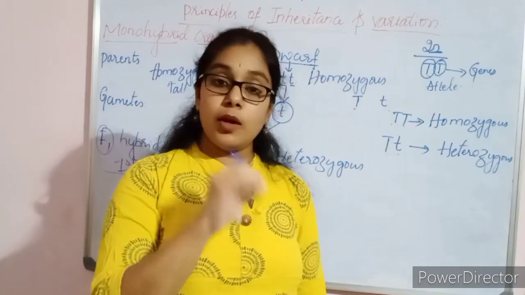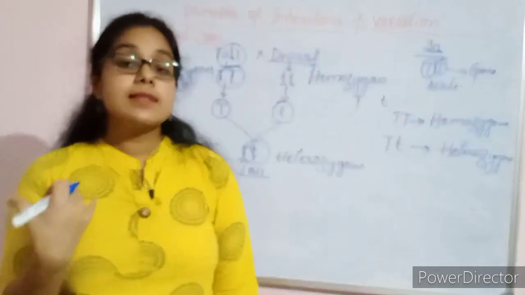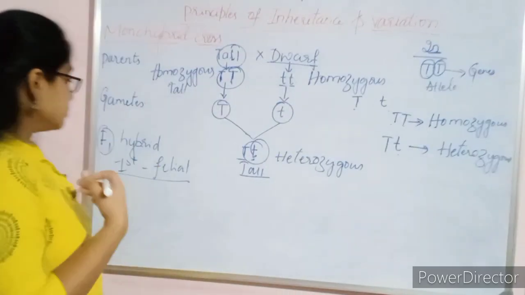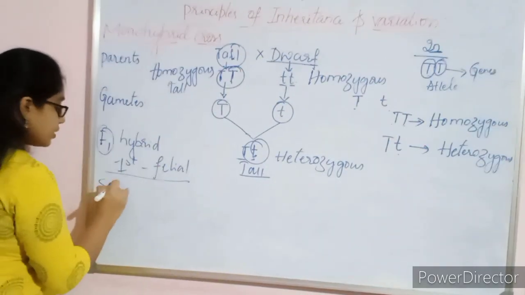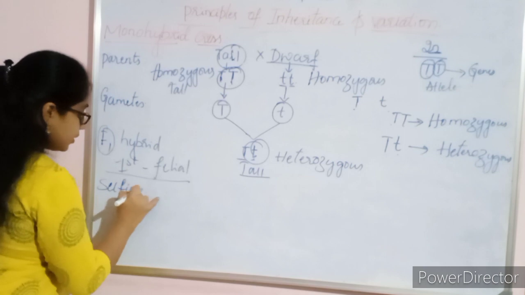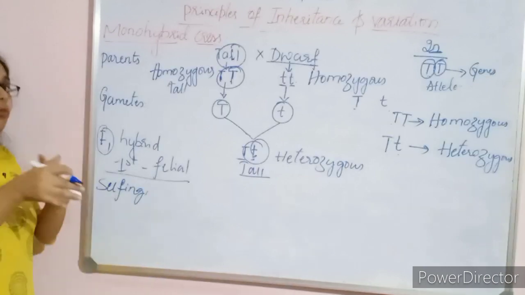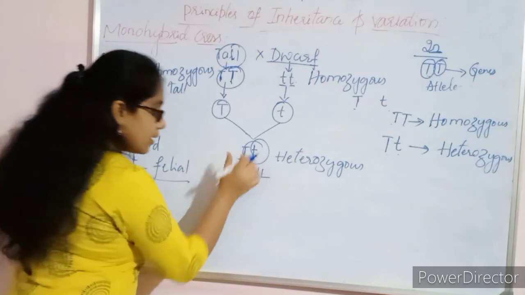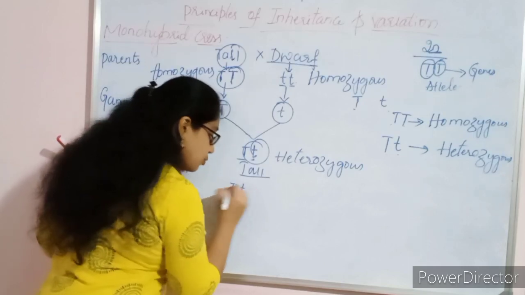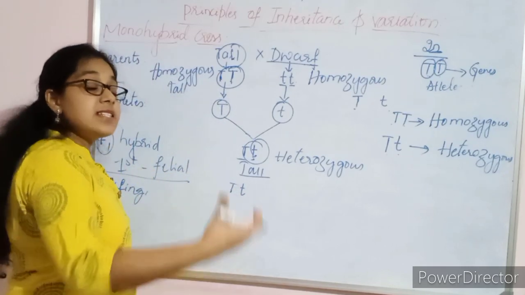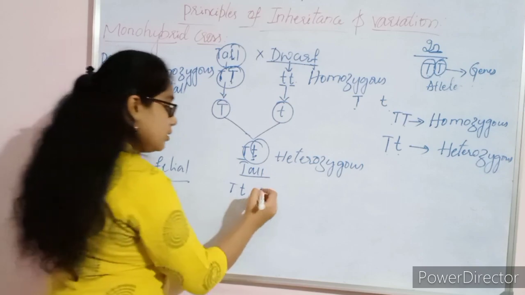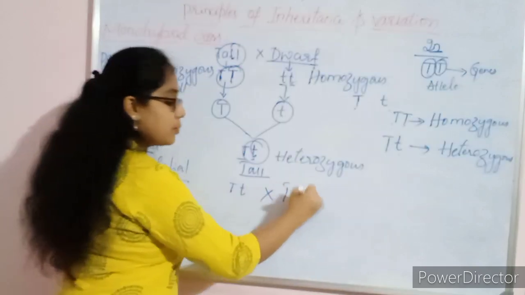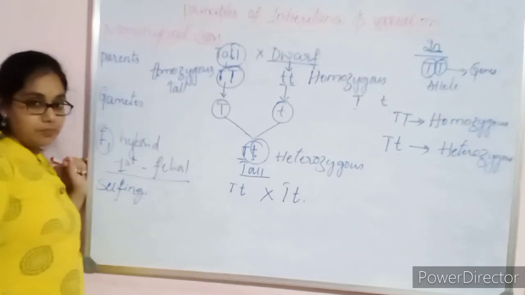For that reason, he allowed it for self-pollination. So here we can write it as selfing. Selfing means self-pollination. So what is the F1 hybrid here? Capital T, small t. It is undergoing self-pollination, so we can write again capital T, small t.